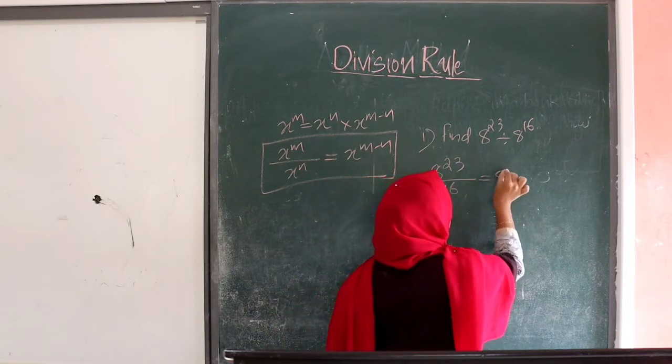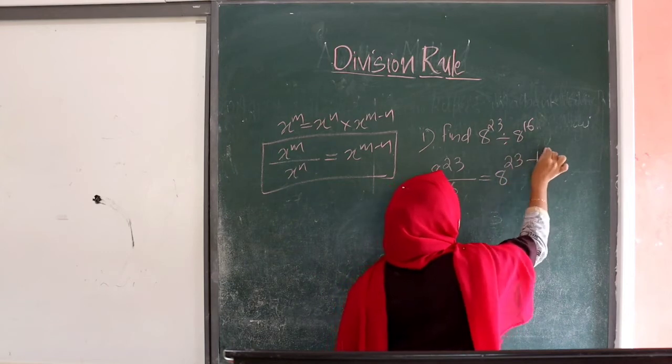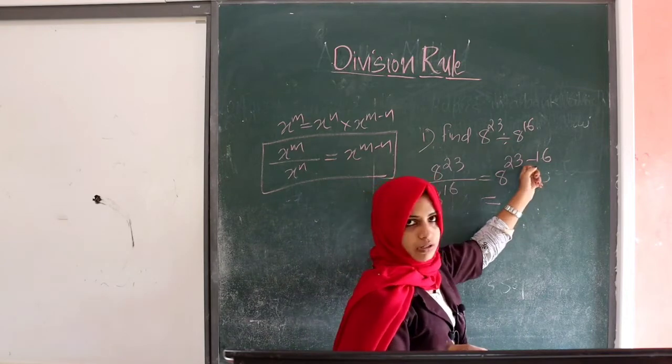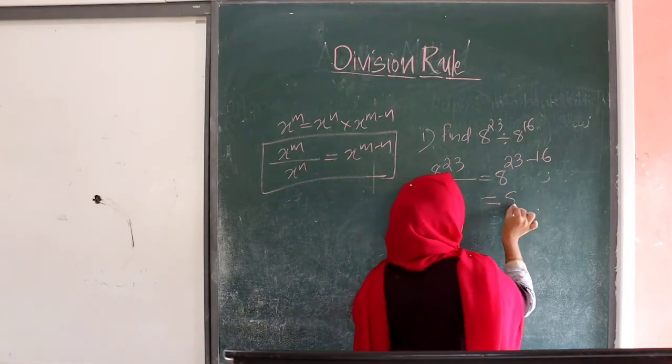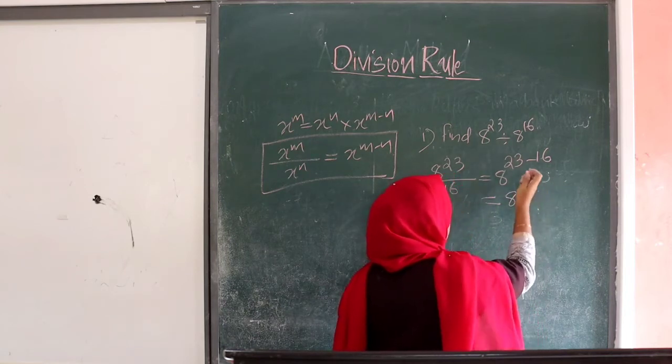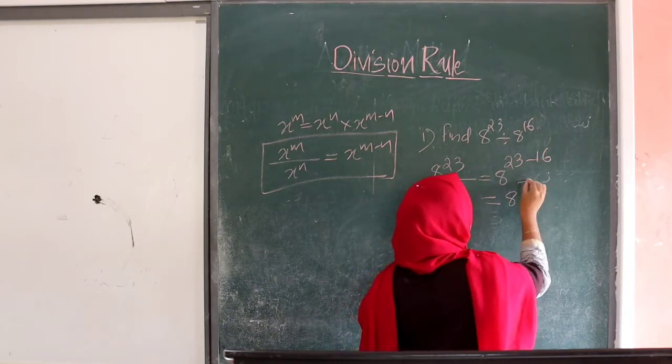So 8 raised to 23 divided by 8 raised to 16 means 8 raised to 23 minus 16. When we subtract 16 from 23, we get 7. So the answer is 8 raised to 7.